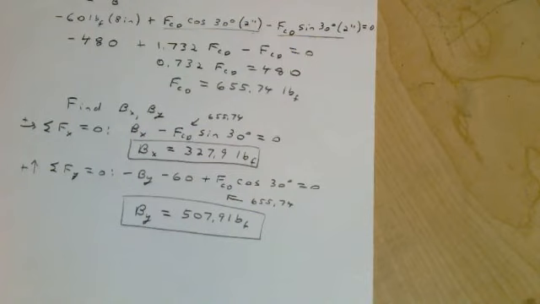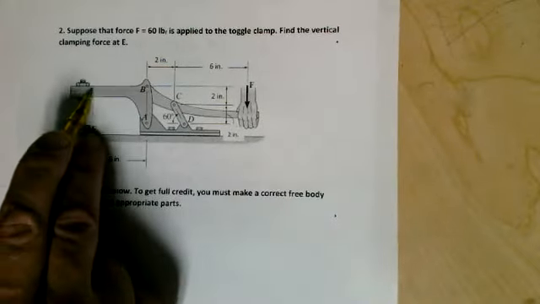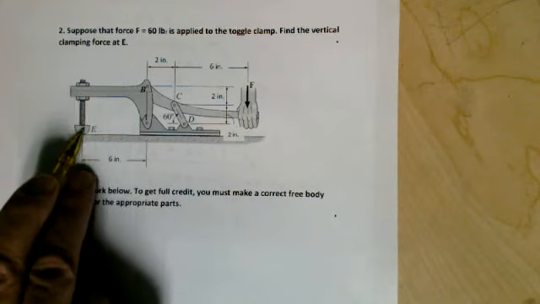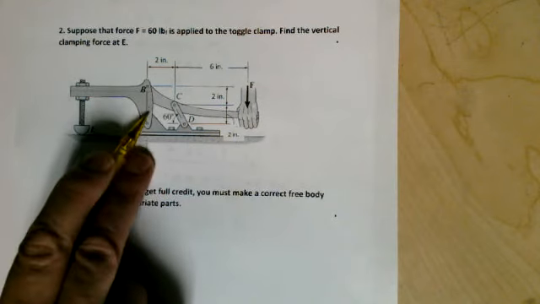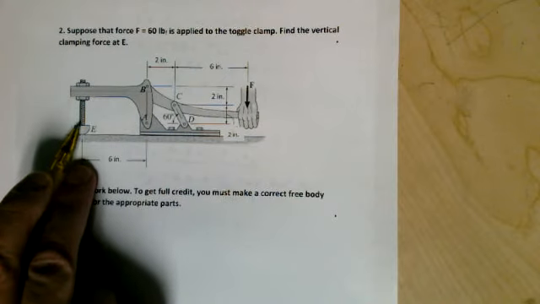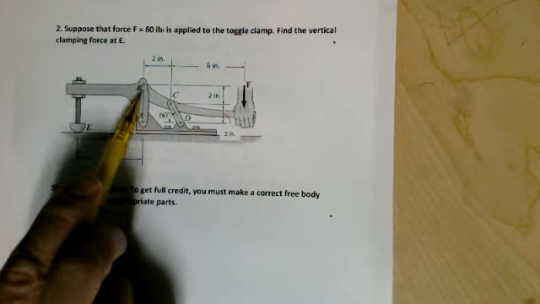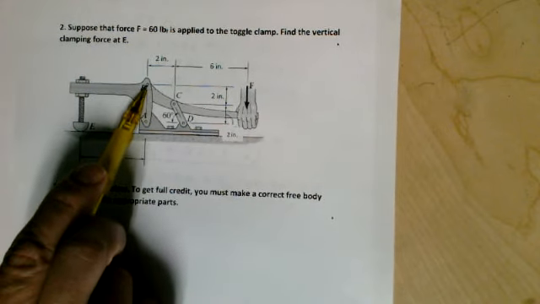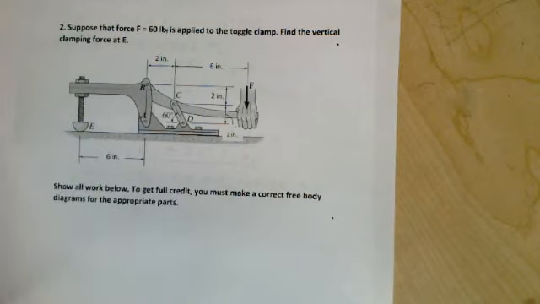So now that we have that part taken care of, we can go to the next part, this part right here. We can consider this just one part, and we'll have to apply all the forces here. Looking ahead, on that part we're going to have forces at B, at A, and down here where it contacts.